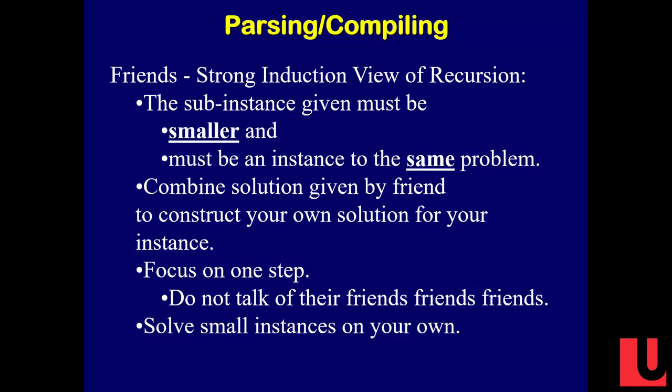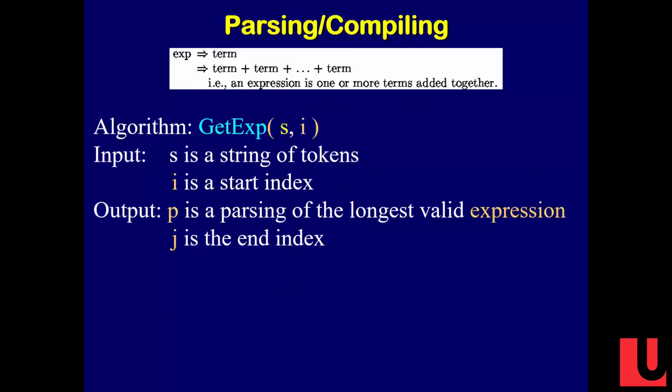When you yourself are given an input, you need to know what the required output is, but you also can have an arbitrary number of friends. And each friend, you can give anything that's a legal input as long as it's smaller, and by magic, you get back from your friend the required output. So we're really going to have to trust our friends.